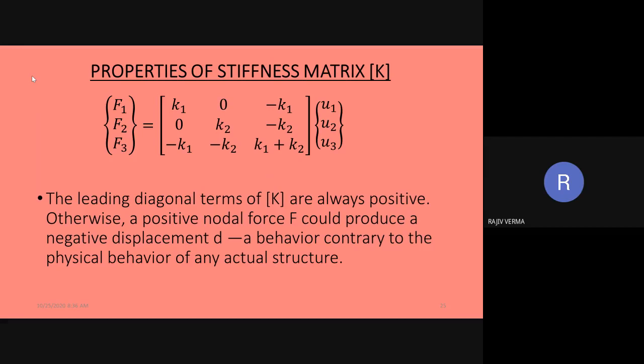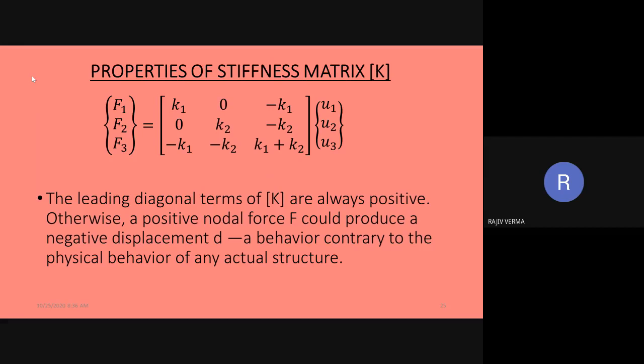If force is acting along positive x-axis, deformation is also going to act towards positive x. And if the force is acting along negative x, the deformation is also going to act along negative x. Cases such as force acting along positive x and deformation acting along negative x really are not possible from the physical viewpoint also. Therefore, the value of all the terms in the leading diagonal are always going to be positive.